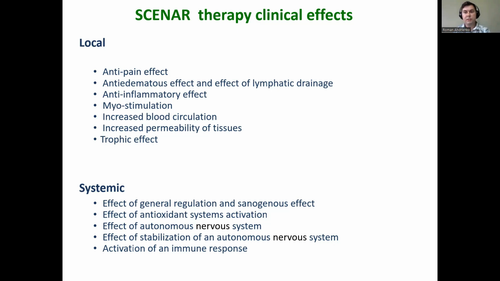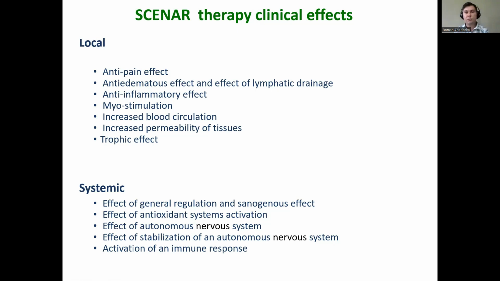This one is also truly amazing because we have objective data that shows that if we compare Scenar with regular antioxidant drugs that are prescribed, Scenar is way more effective, sometimes 2-3 times more effective than the regular antioxidant drugs, which is great. We have the effect of autonomic nervous system activation.